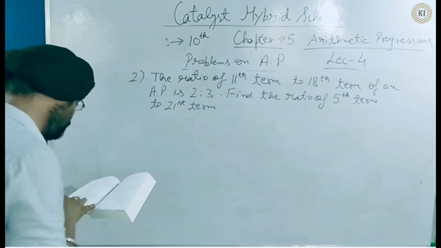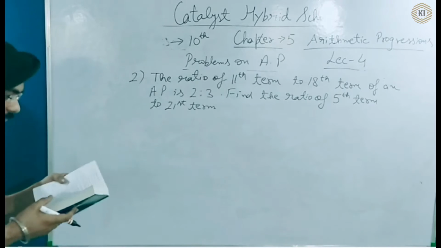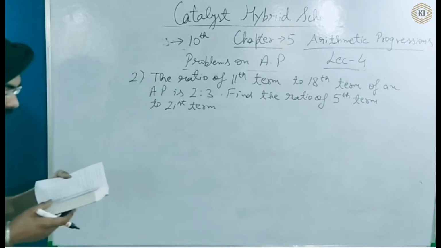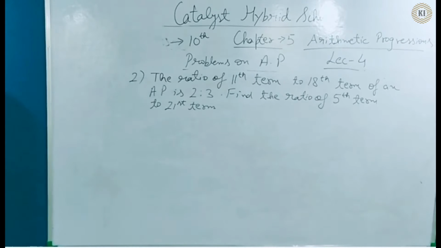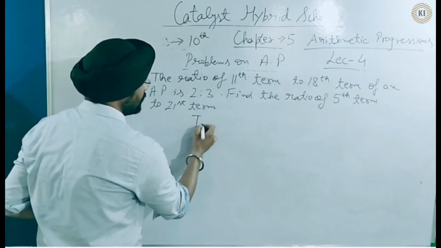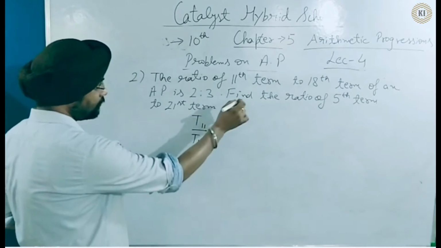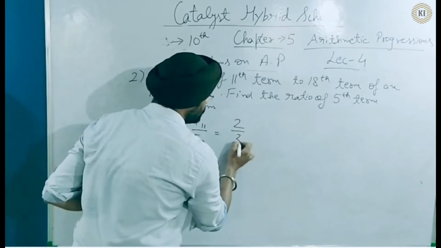So in this question it is given that the ratio of the 11th term to the 18th term is 2:3. So you have to calculate the ratio of the 5th term to the 21st term. Just see how to solve. Ratio of the 11th term, T of 11, to the 18th term, T of 18, is given as 2/3.